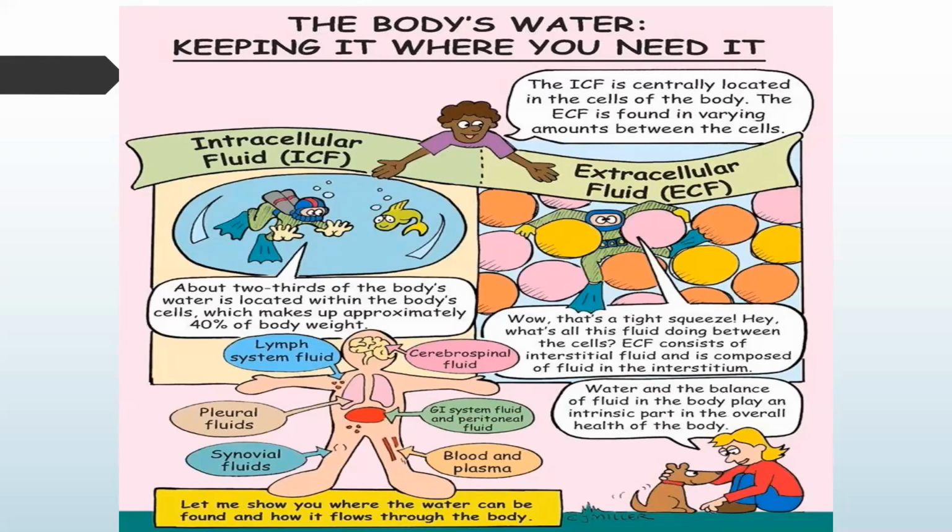About 2/3 of the body's water is located within the body's cells, which makes up about 40% of your body's weight. Other types of fluids in the body are lymph system fluid, pleural fluids in the lungs, synovial fluids in the joints, your blood and plasma, GI system fluids and peritoneal fluid, and cerebrospinal fluid.